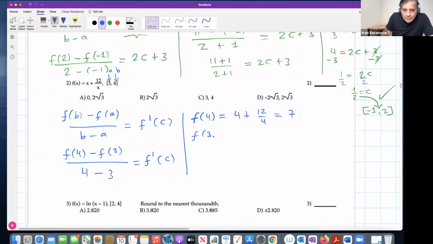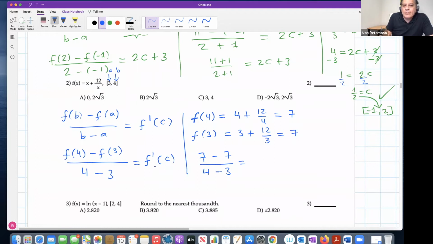What is f of 3? F of 3 will be 3 plus 12 divided by 3. 3 into 12 is 4. 4 plus 3 is 7. We got the same thing. Well, it's okay. All right, so now we're going to do 7 minus 7 over 4 minus 3.